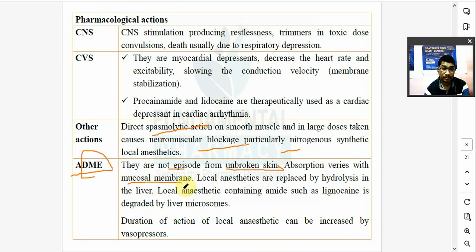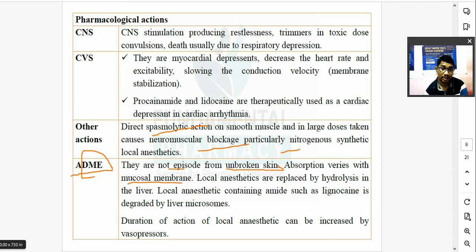If the membrane is exposed, for example if you have an open wound and you apply local anesthetic on it, obviously absorption will happen. Through intact skin there is not much absorption, but absorption varies with the mucosal membrane.